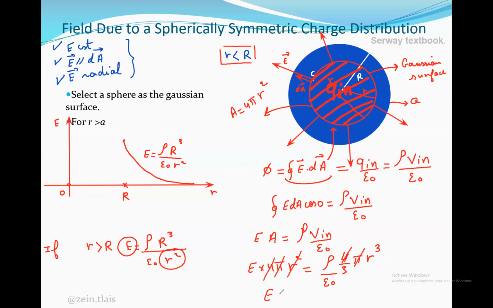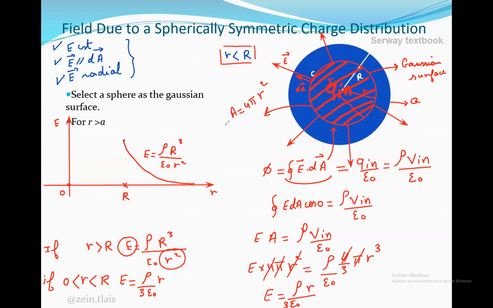We can say E equals rho r divided by 3 epsilon 0. We write the result here: if r is less than the capital R and greater than 0, E equals rho times r divided by 3 epsilon 0.